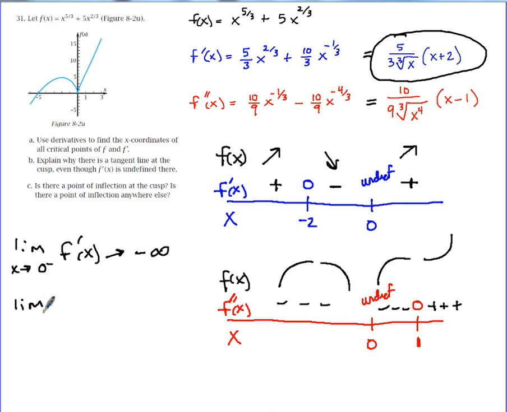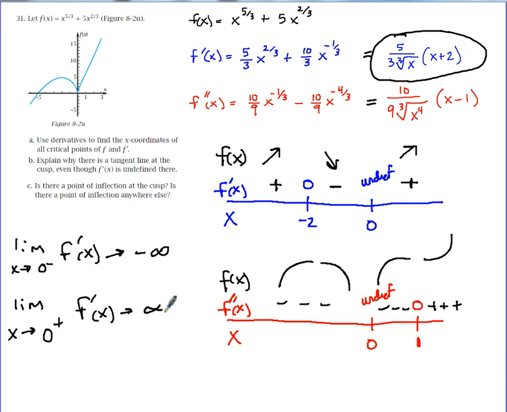And then if we think about choosing values of x that are approaching 0 from the right-hand side, so these are all small positive values, again thinking about this, the first factor will be a positive value, and we're choosing values of x that are really close to x equals 0. So we've got a positive value, and then a small positive number plus 2 is also positive.